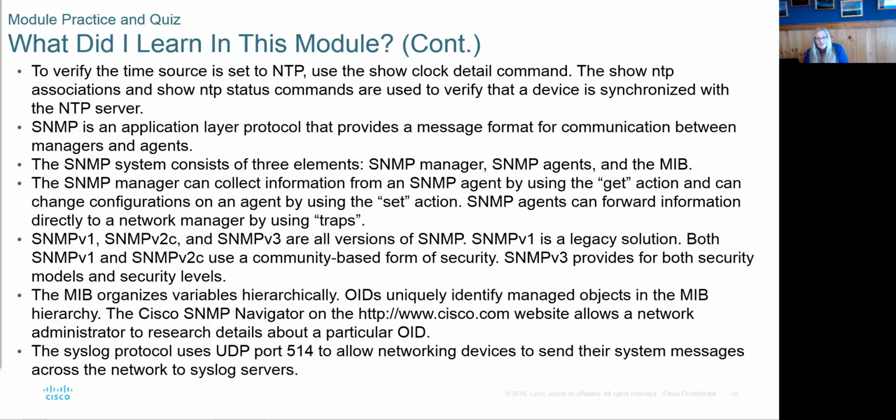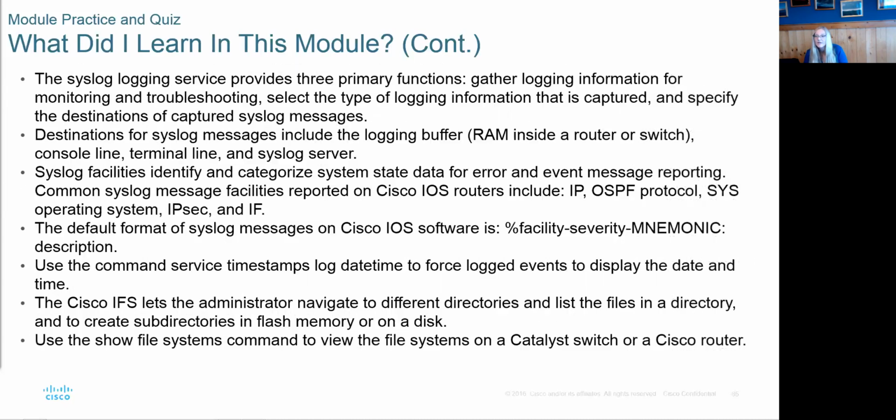The syslog protocol uses UDP port 514. There were lots of UDP ports that we need to make sure are enabled, configured and open. With our logging services, we're gathering information for monitoring and troubleshooting.